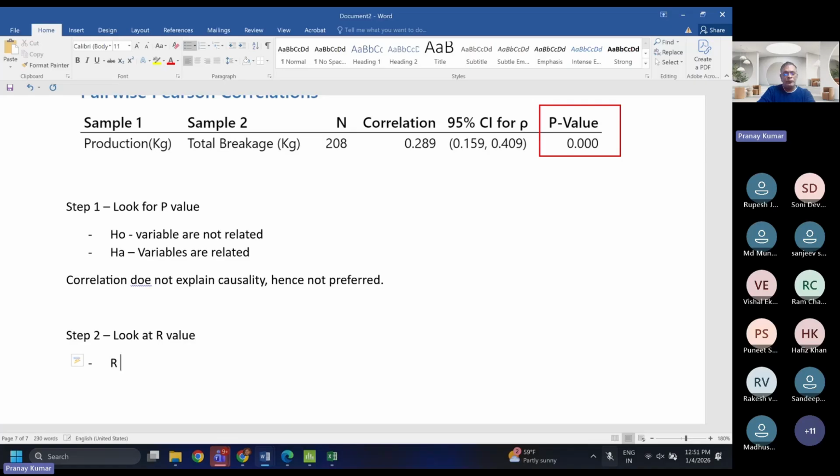R value, also referred to as coefficient of correlation, is a value that varies from +1 to -1.